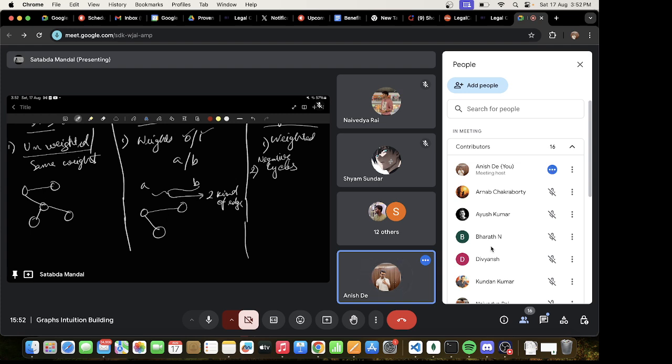Okay, now in the third part, you see that there are weights on the edges. There are plenty of different kinds of weights, like every edge has a different weight.